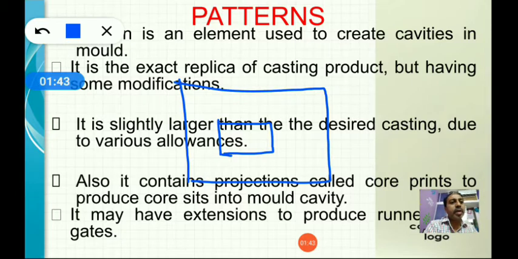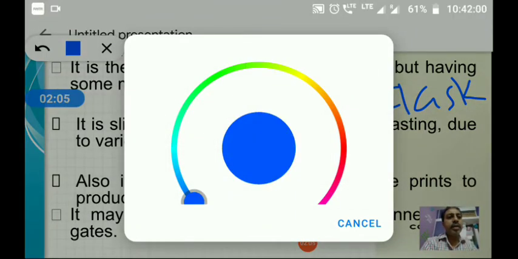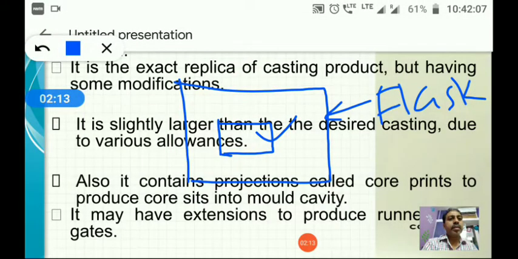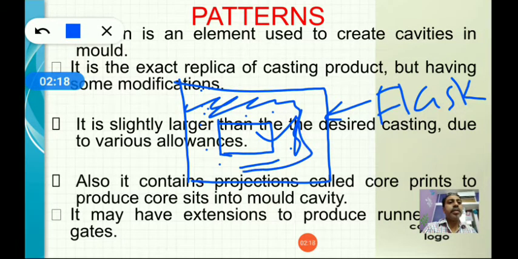First we place a flask, then place the pattern, then fill it with sand, and apply ramming pressure.